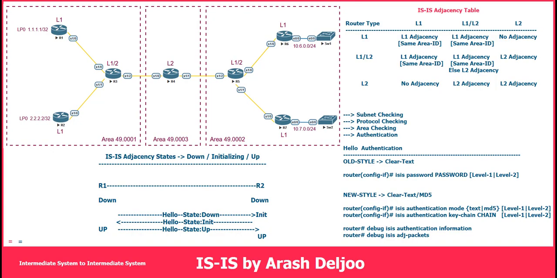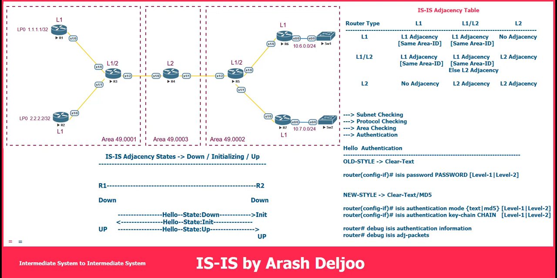In ISIS, we use different packets for different purposes. For example, we use hello packets for establishing and also maintaining neighborship. And we also use other packets, for example, LSP or link state PDU, for exchanging the link states. Now we are going to talk only about the hello packet of ISIS.